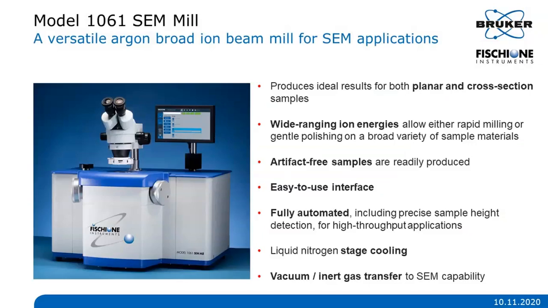It can produce planar and cross-section artifact-free samples. It is easy to use, fully automated, and has liquid nitrogen stage cooling and vacuum inert gas transfer to SEM capability, in case you want to process environmentally sensitive samples like lithium batteries, for instance.